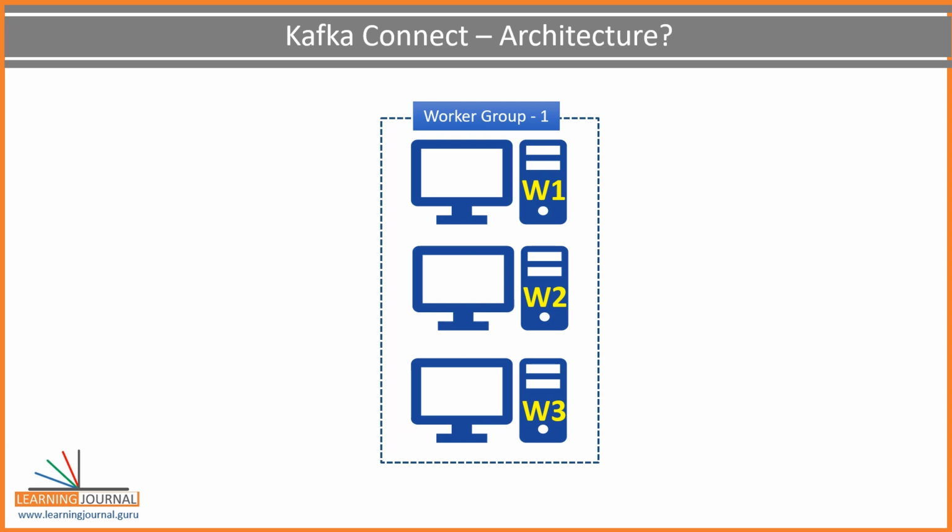So let's assume you started a Kafka Connect cluster with 3 workers. These workers are fault tolerant and they use the group ID to form a cluster. This group ID mechanism is the same as Kafka consumer groups. So all you need to do is to start workers with the same group ID and they will join hands to form a Kafka Connect cluster.